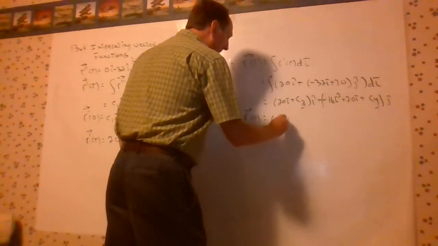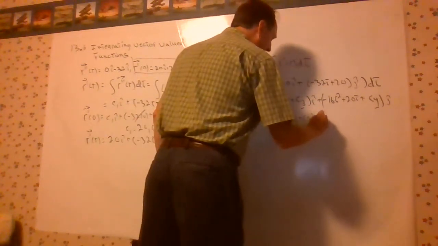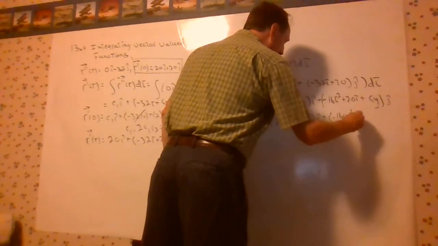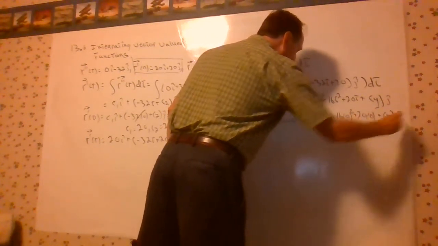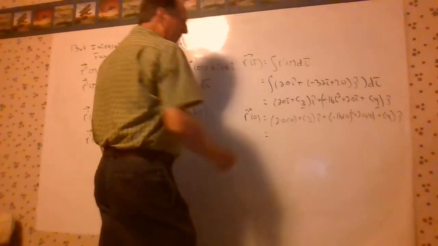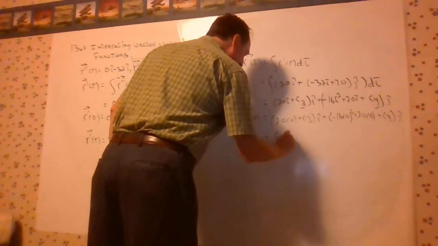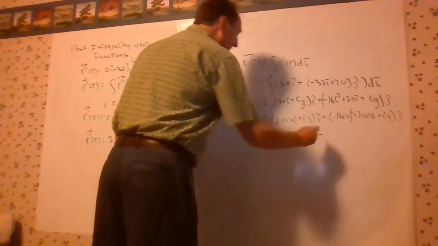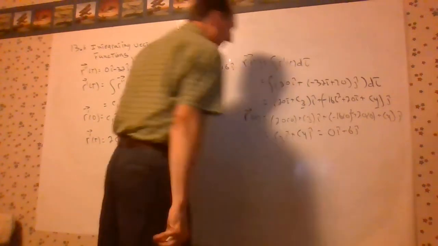We get 20 times 0 plus c3 i plus negative 16 times 0 squared plus 20 times 0 plus c4 j. This goes away and we end up with c3 i plus c4 j, and we'll set that equal to 0i plus 6j.